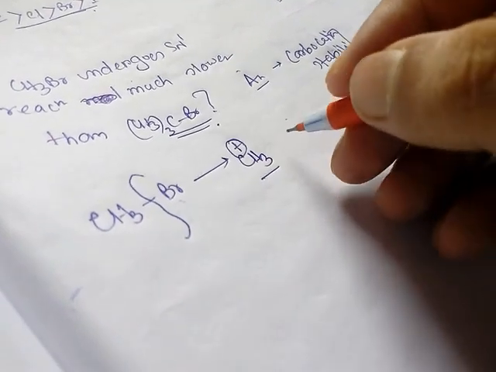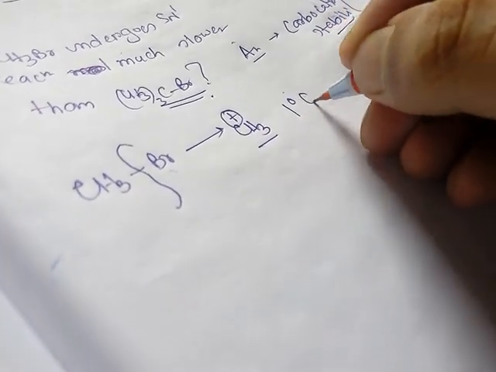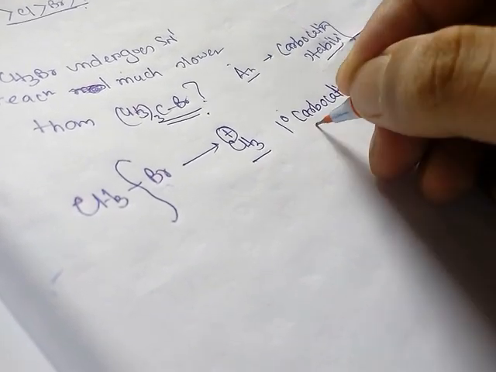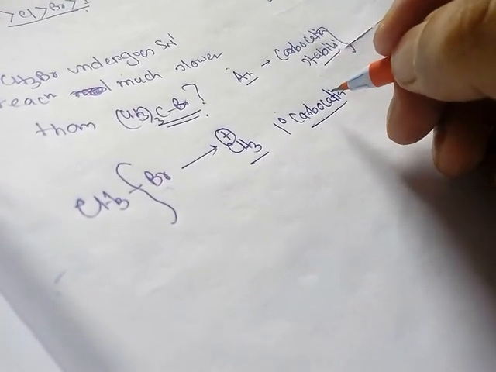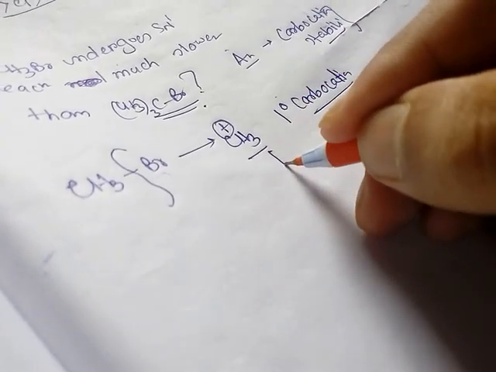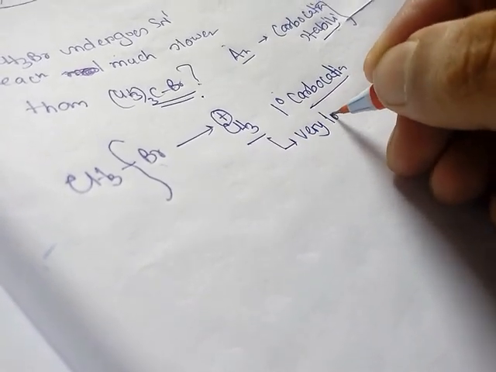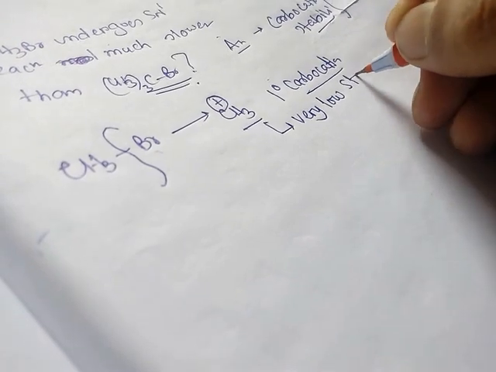It is the methyl carbocation. This is the 1 degree carbocation. It has very low stability.